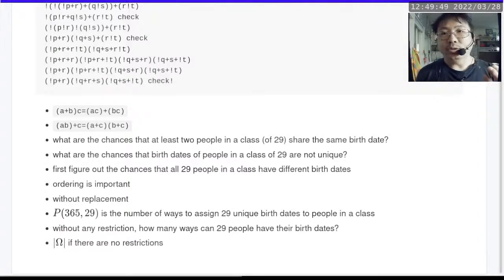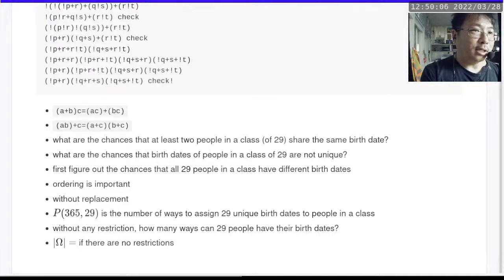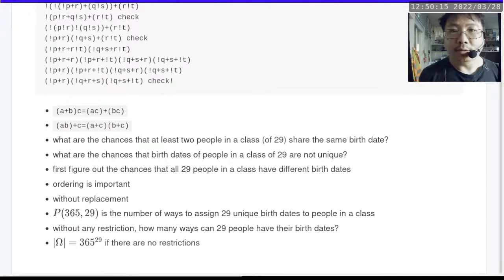So that means we are looking at 365 raised to the power of 29, because there are 29 people in the class. Thank you, Chris. So I am going to put the answer here. This omega, or the cardinality of this omega, is 365 raised to the power of 29. So there we go.